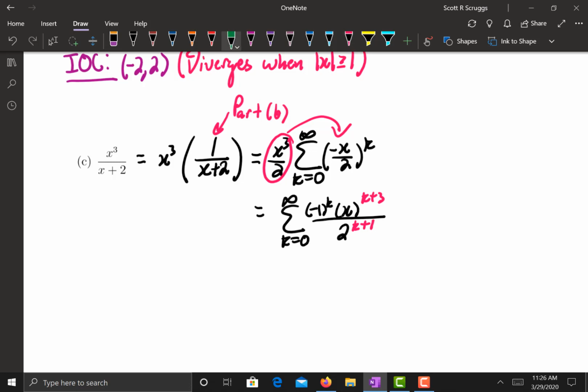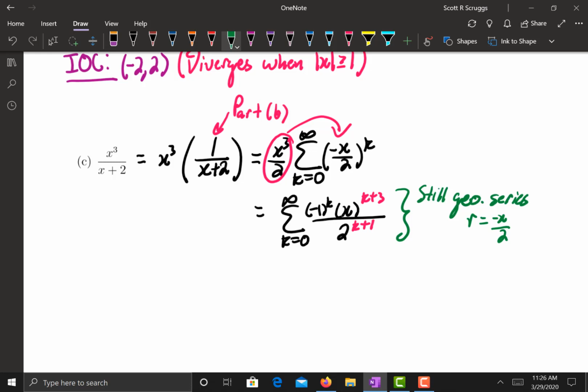Now, keep in mind, even though it doesn't look like it, it is still a geometric series where r is -x over 2.